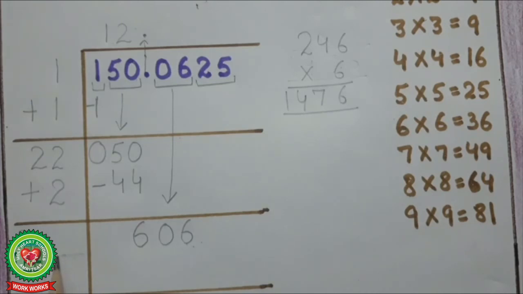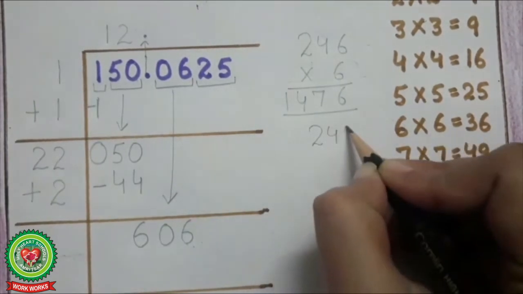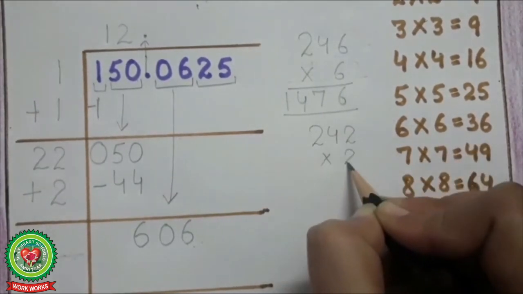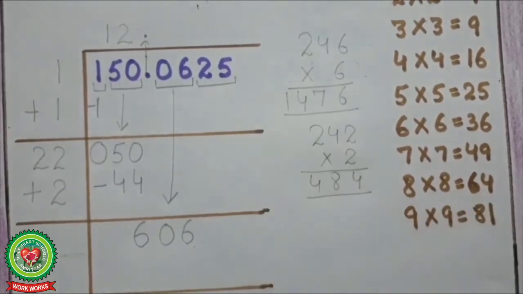1 is not satisfied, it will give you a number much smaller than 606. If I write 2 here, let's check by 2. 242 multiplied by 2 will give you 484, which is again smaller than 606.